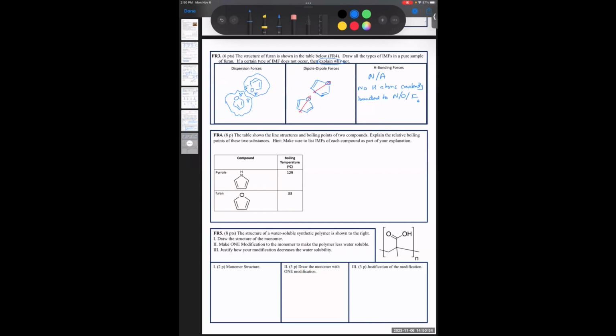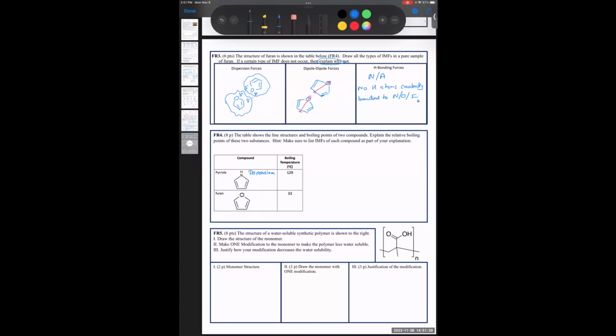All right, pyrrole. It's a polar molecule, and it also has hydrogen covalently bonded to nitrogen. As a result of that, it's going to have dispersion. It's also going to have dipole-dipole because it's a polar molecule, because nitrogen is more electronegative than the other atoms in the molecule. As a result, nitrogen will have a partial negative charge, other atoms will have a partial positive charge.